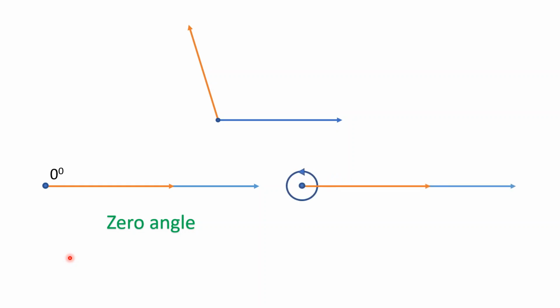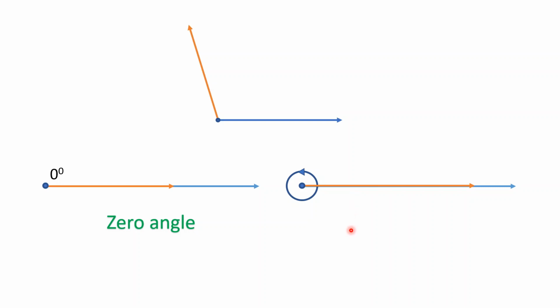Now look at this angle. Again you see initial arm and terminal arm overlapping each other. But look at the amount of rotation. The terminal arm has undergone one complete rotation to come back to its original position.